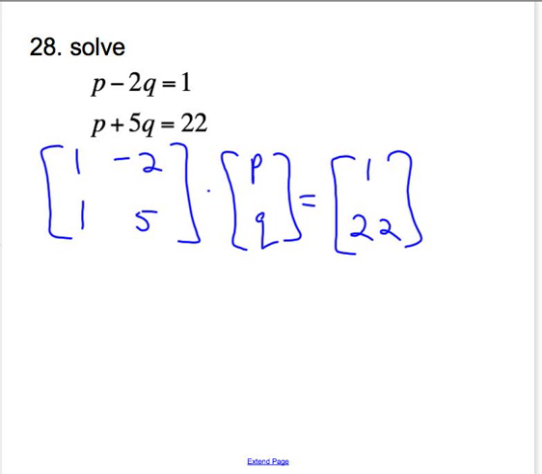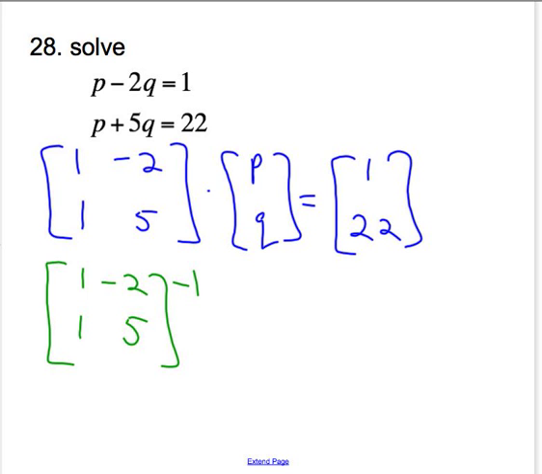122. Now, instead of doing this one by hand, I'm going to set it up so I could use my calculator. And what you saw in the previous problem is I want to take the inverse of the coefficient matrix, and I'm not going to do that by hand in this particular instance. I'm just going to put the notation for the inverse.